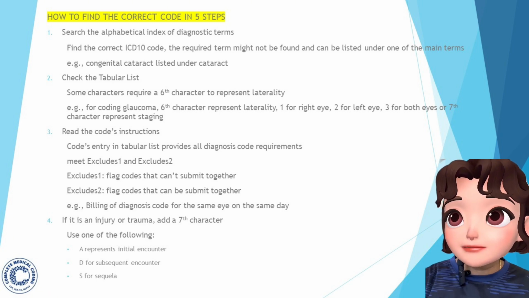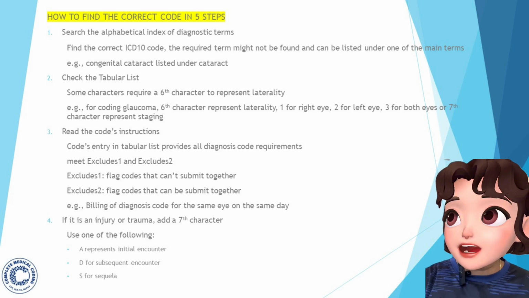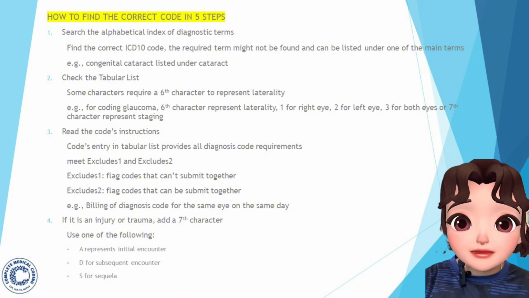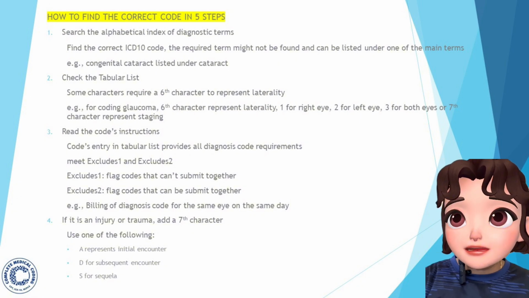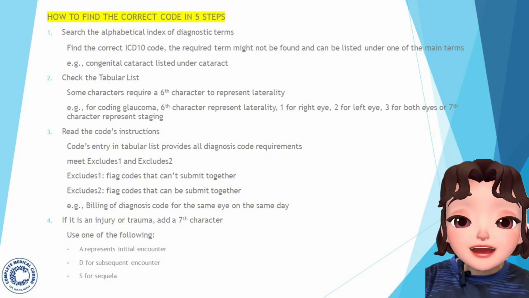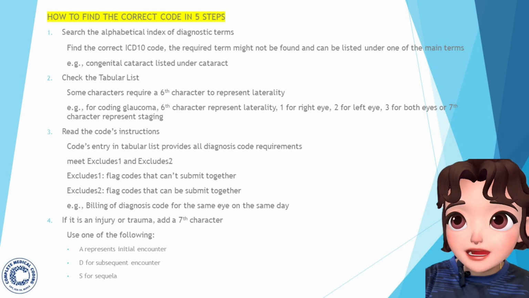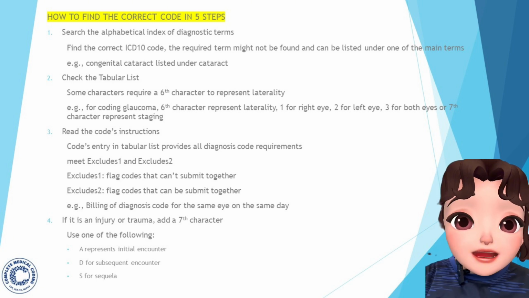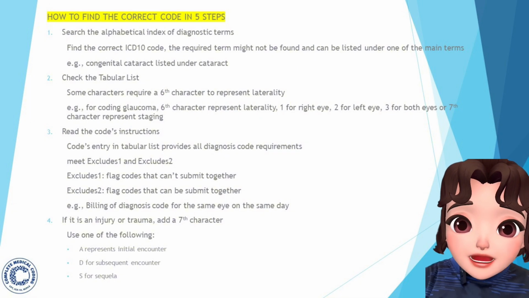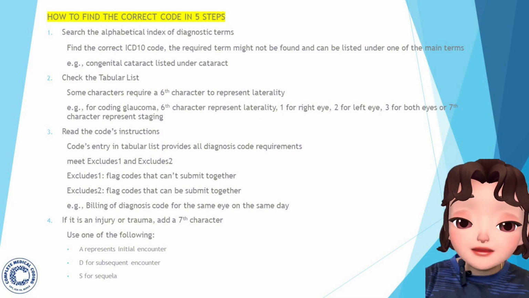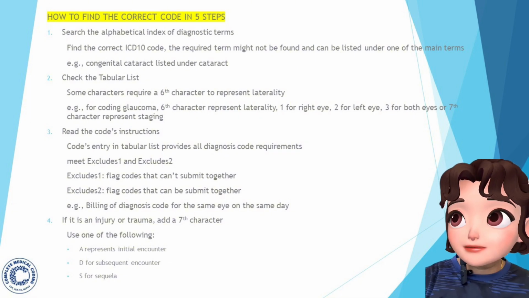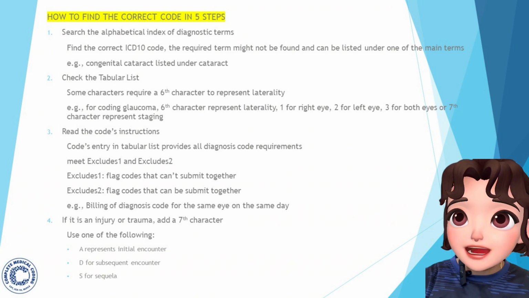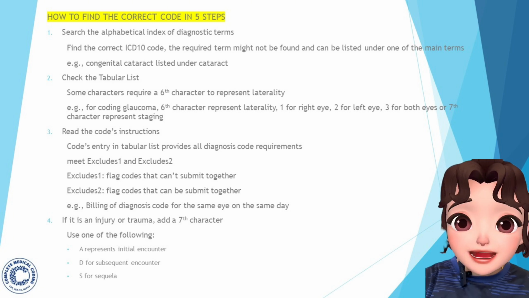The required term might not be found and can be listed under one of the main terms. That means if you take the alphabetical index page in the ICD code book, you might not get the exact diagnosis that you need. So in that case, go for the main term. For example, congenital cataract.